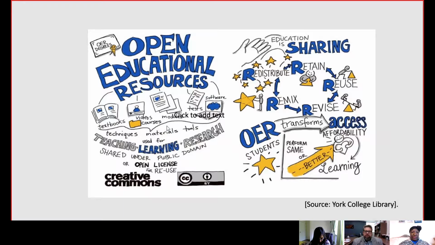This is just an overview of open educational resources and open pedagogy, in which instructors are invited to contribute to the work, which means we're teaching and learning as well as doing research at the same time, with a Creative Commons license. I did receive feedback from some of my colleagues in terms of how to structure the courses.